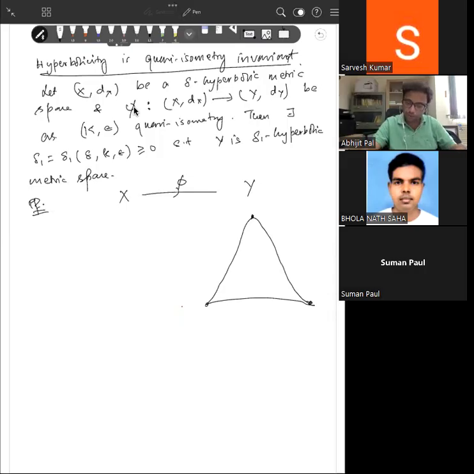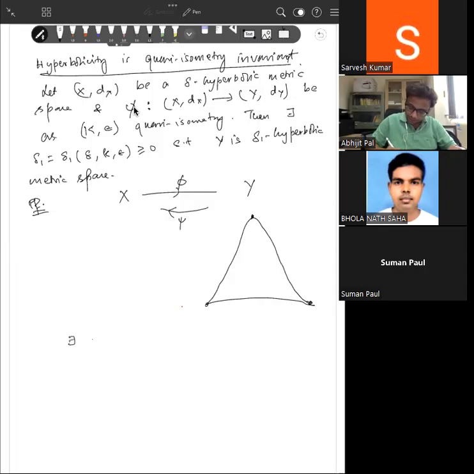So phi is a quasi-isometry. That means there exists a quasi-isometry inverse of phi.